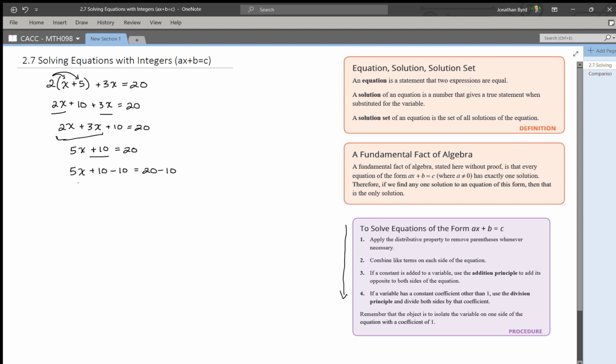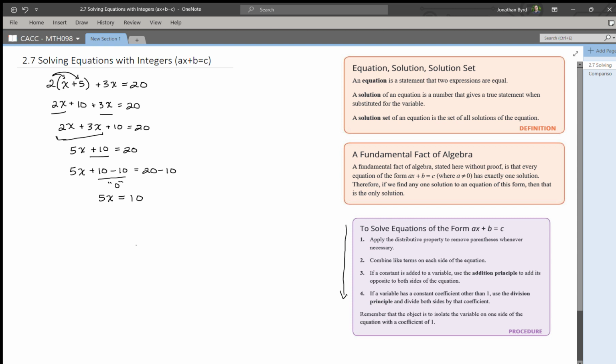And then once I've done my subtraction to both sides, now I can simplify. So plus 10 minus 10, that becomes 0, so I don't need to worry about it. Then I'm left with 5x on the left-hand side, and then 20 minus 10 is 10 on the right-hand side.